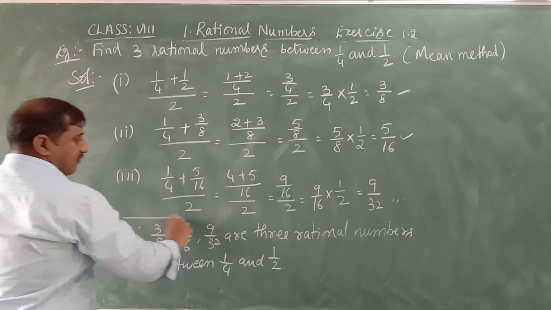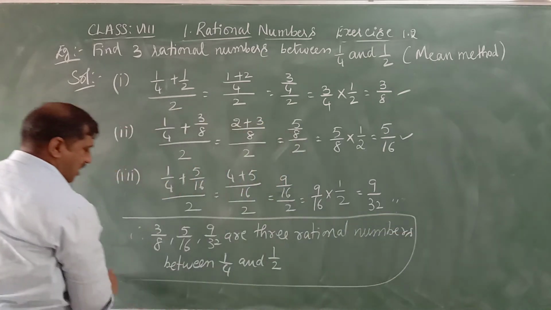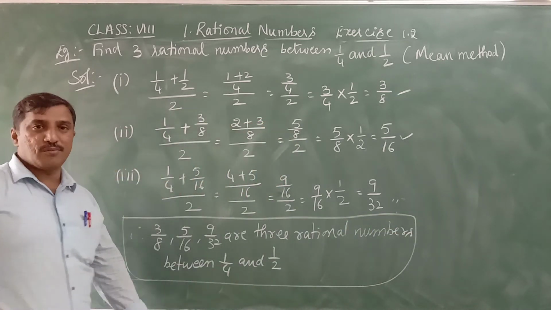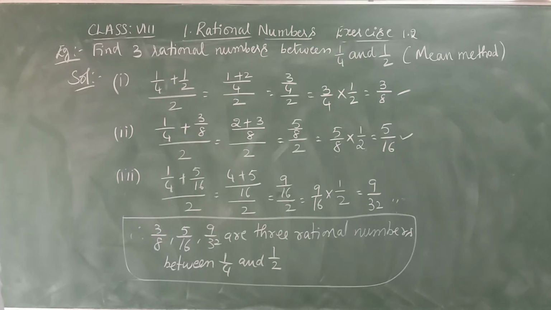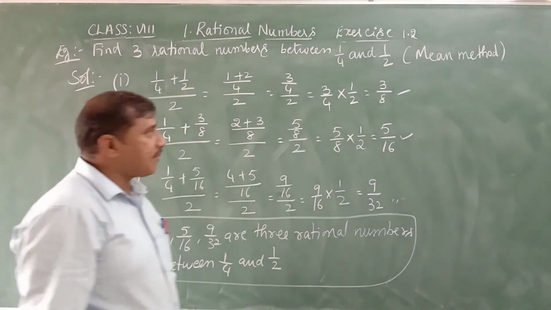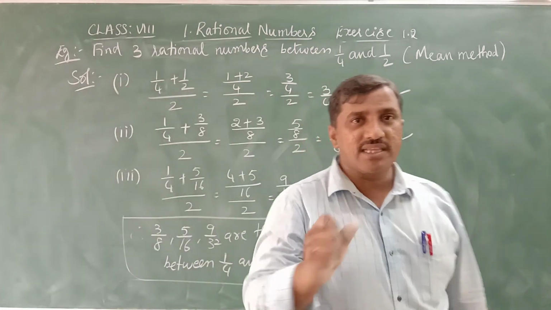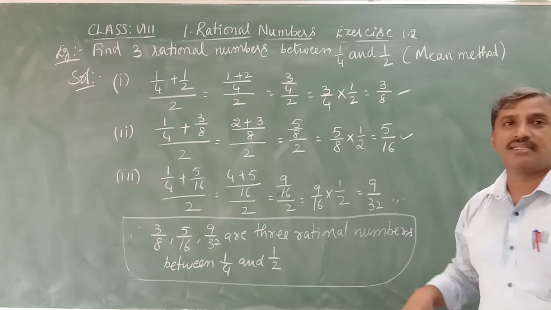So like this we will find the rational numbers between 1 by 4 and 1 by 2. Clear? What I mean to say is we can find the required number of rational numbers between two given rational numbers by using the mean method.